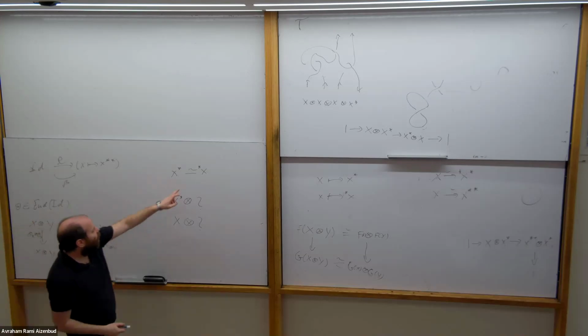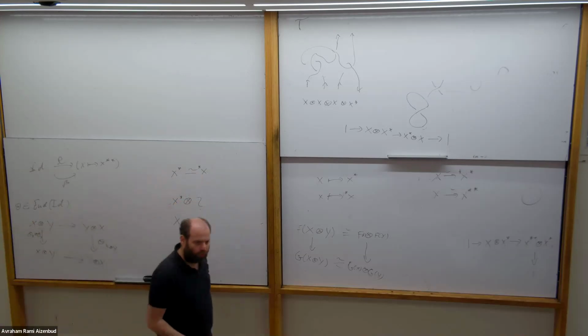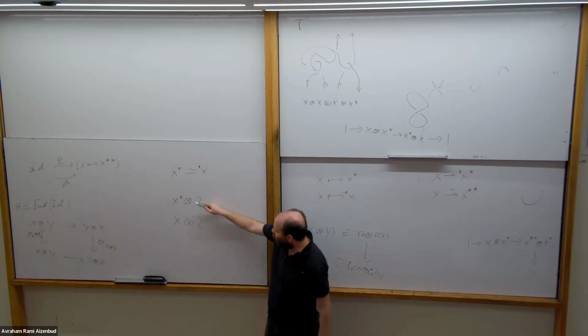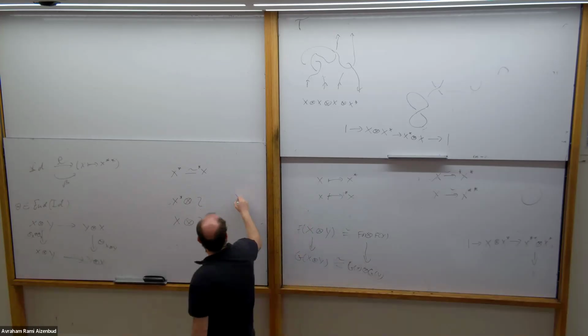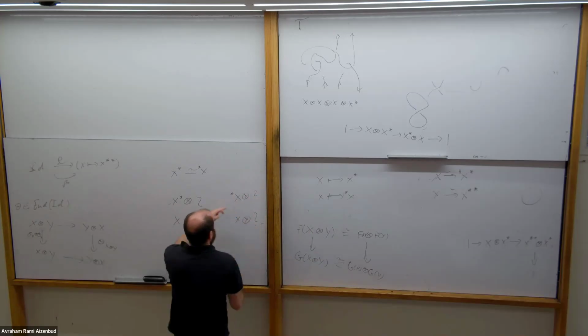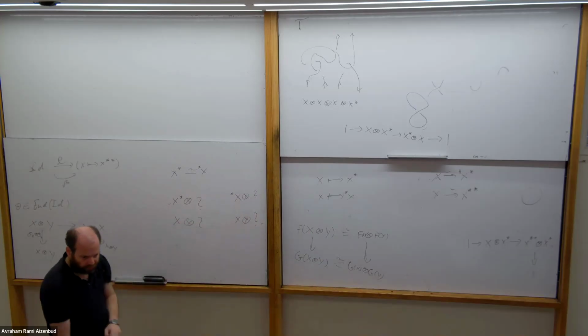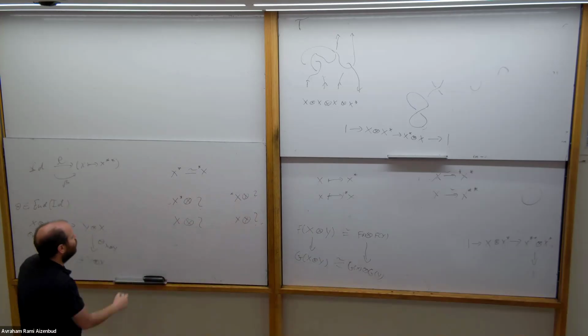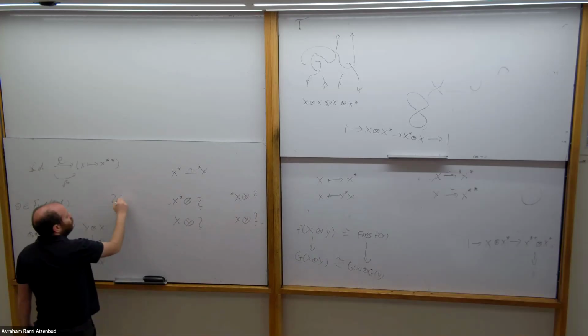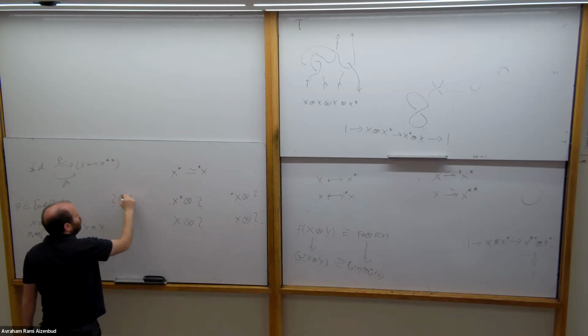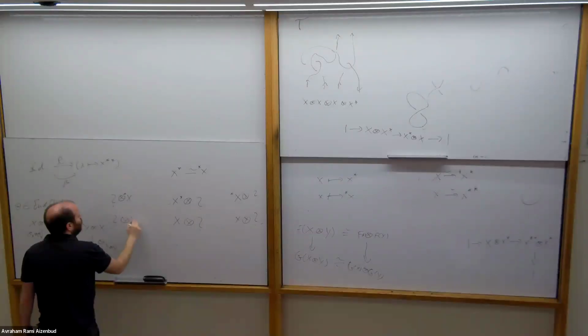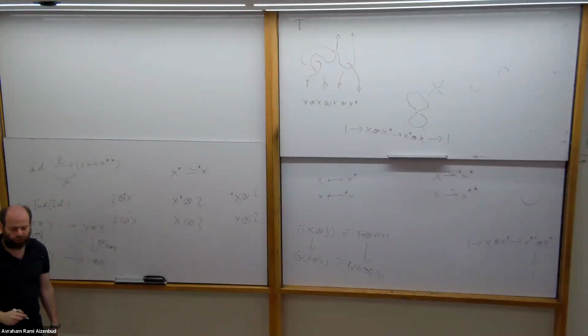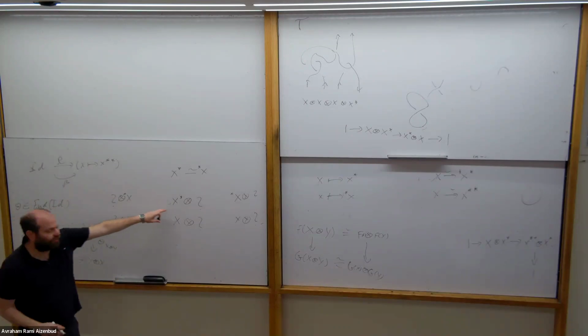So what's the definition of the other dual? One definition is to say that these two functors have to be adjoint, this time from the other side. Another definition is to say that these two functors have to be adjoint from the same side as these.